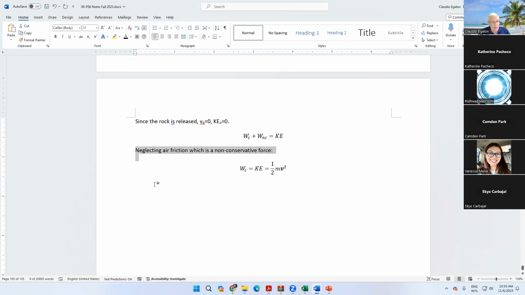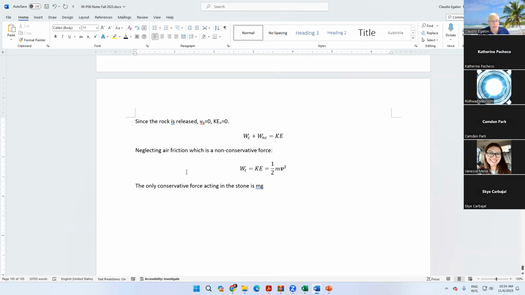Okay, the only conservative force acting on the stone is mg.